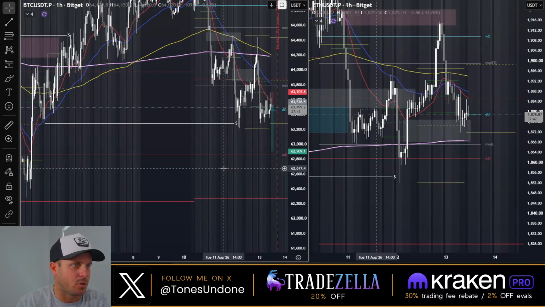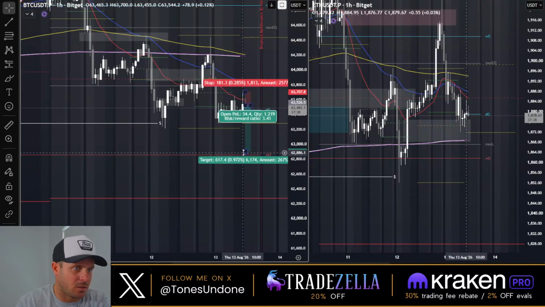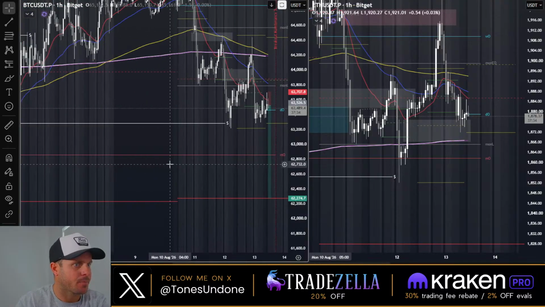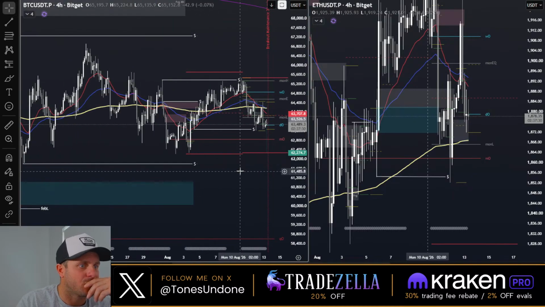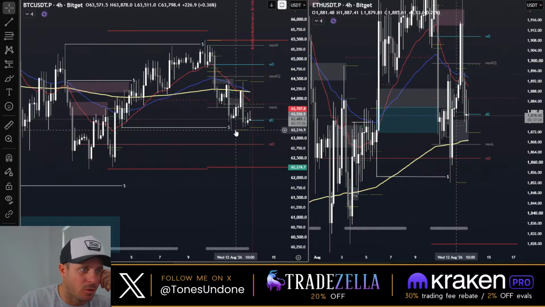And target wise, like asking for the low of the week, that's a big ask. What's the first area you'd get? Very much this low.